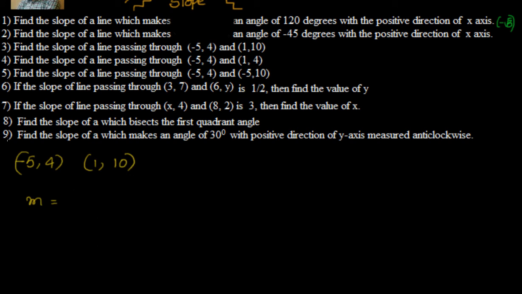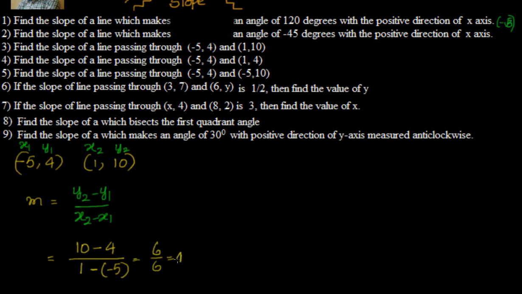If you take these as x1, y1, x2, y2, the m formula is y2 minus y1 by x2 minus x1. That is 10 minus 4 divided by 1 minus of minus 5, which is 6 by 6, equal to 1.